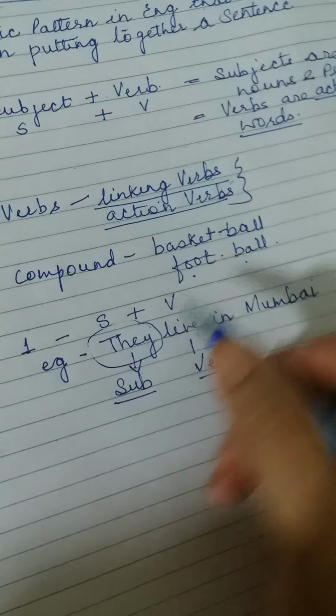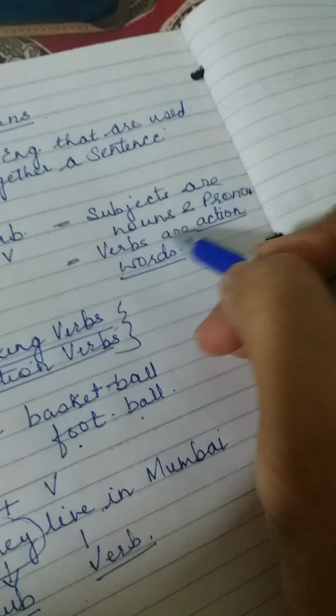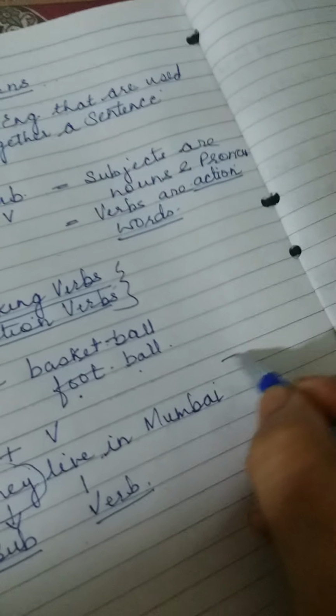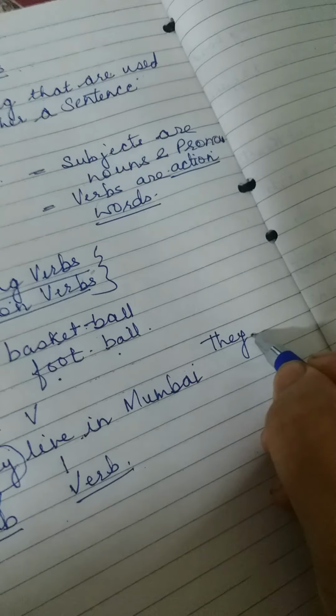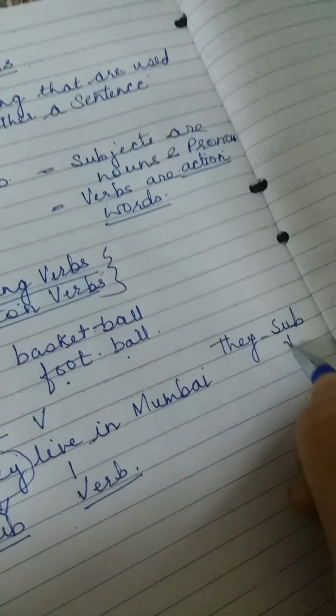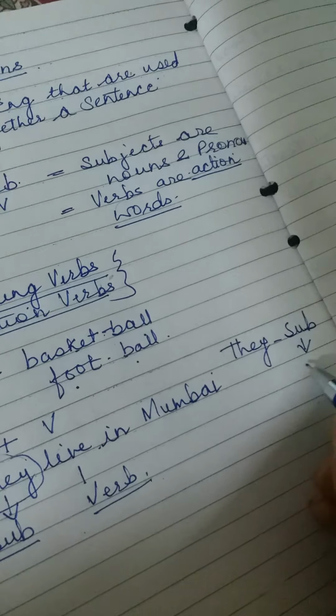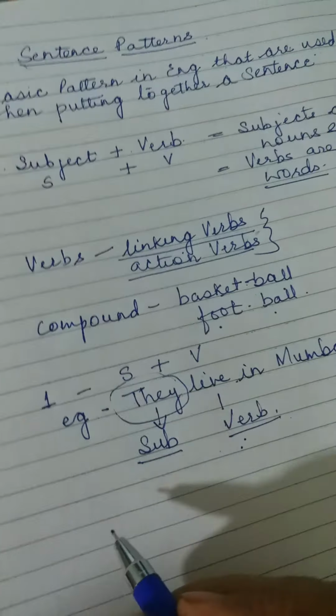As I have told you, subjects can be nouns or pronouns. They are living, so live here is a verb. Did you understand this?